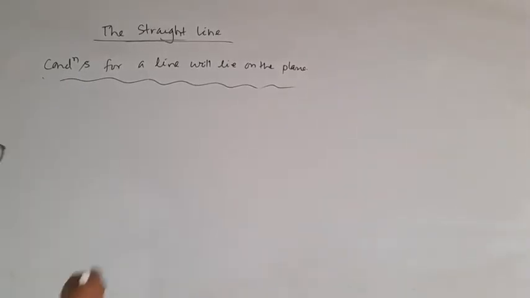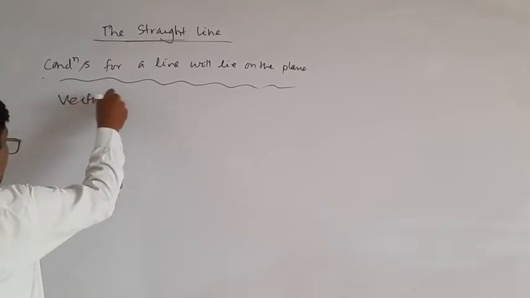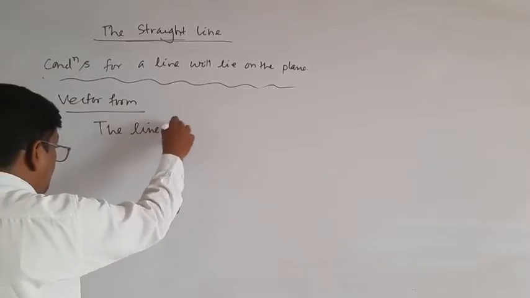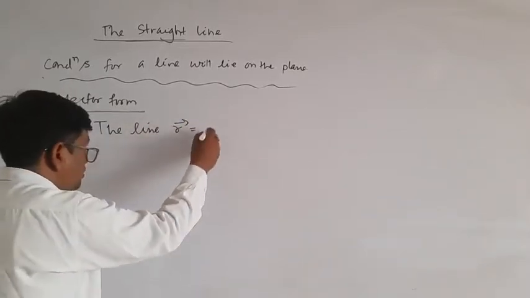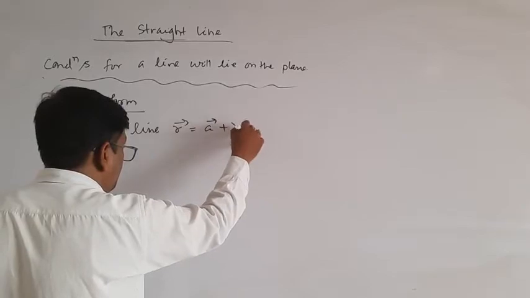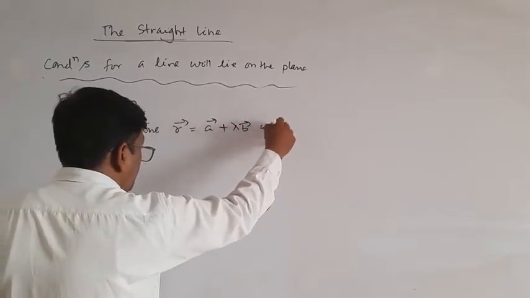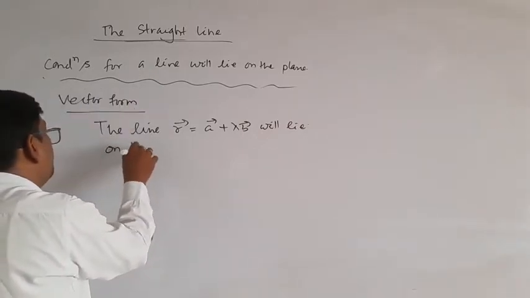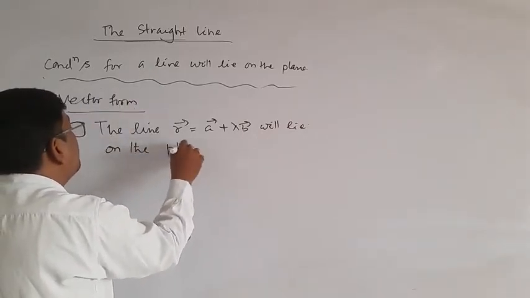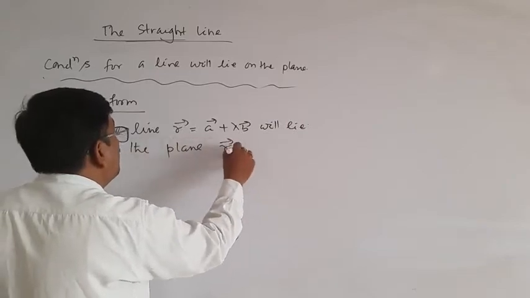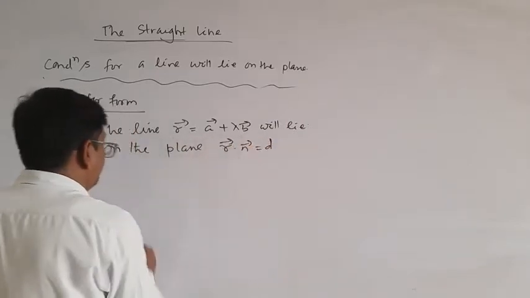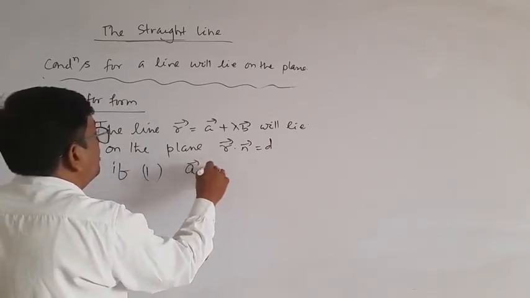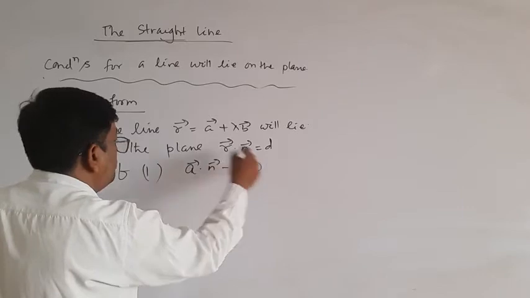Vector form. The line r vector is equal to a vector plus lambda into b vector will lie on the plane r dot n is equal to d if, number one condition, a dot n minus d is equal to 0.